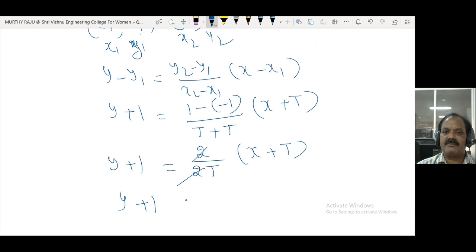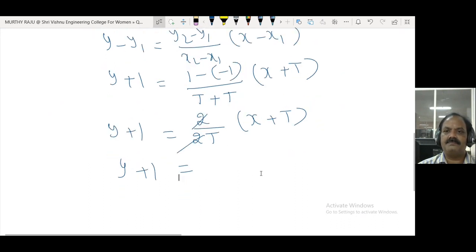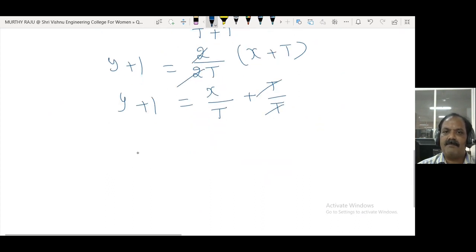Therefore, y plus 1 is equal to x by T plus T by T. T cancels, so T by T is 1. Y plus 1 is equal to x by T plus 1. The 1 cancels. Therefore, y is equal to x by T.